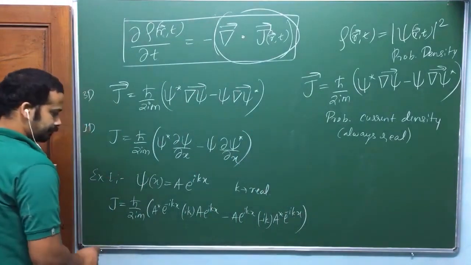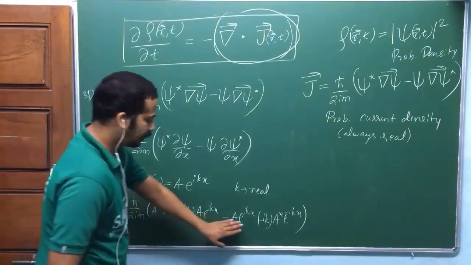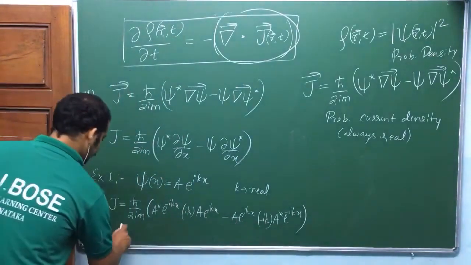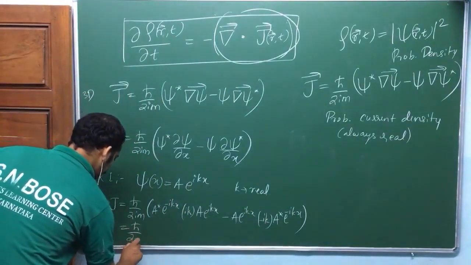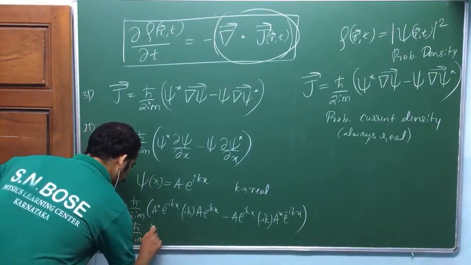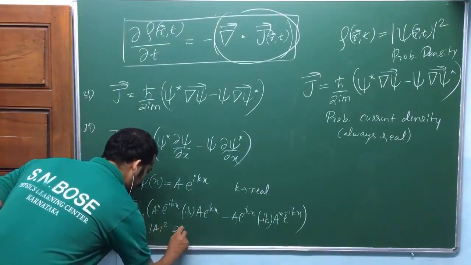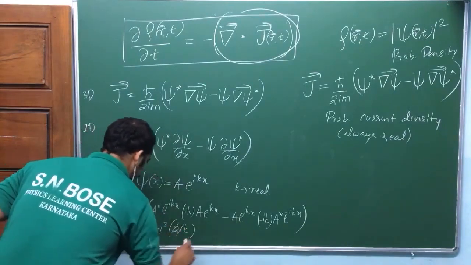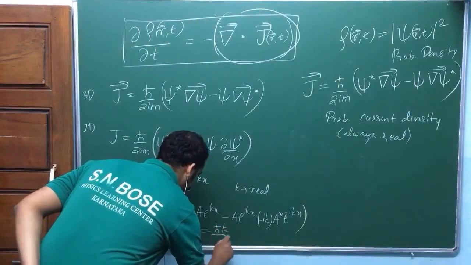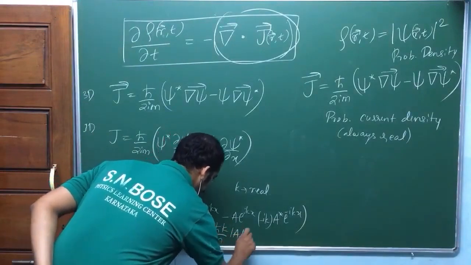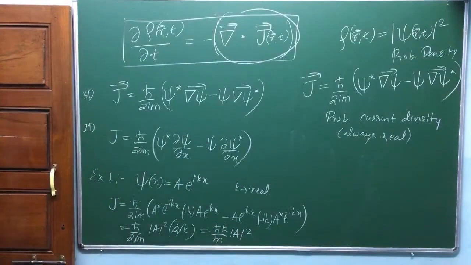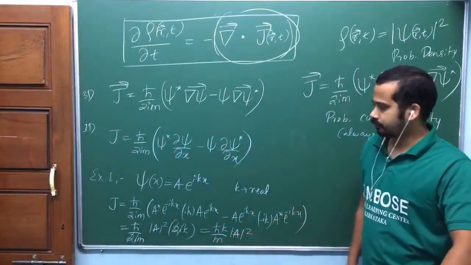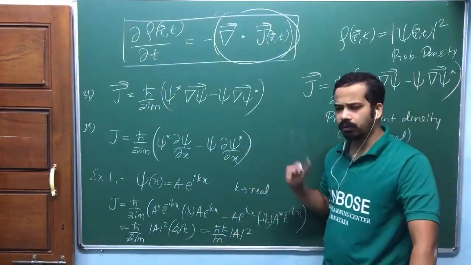What is this one? ik minus of minus ik, plus ik, isn't it? 2ik mod a square, times h bar by 2im, that is mod a square into 2i into k. Just check this out. Now look here, the i got cancelled, 2 got cancelled: h bar k by m into mod a square, real. So this is always a real quantity. No need to worry about this one.